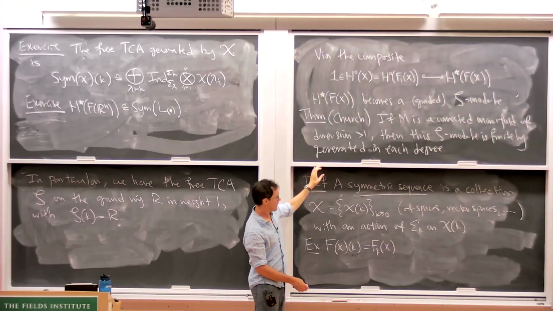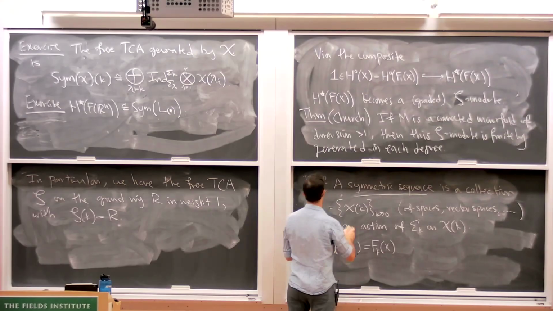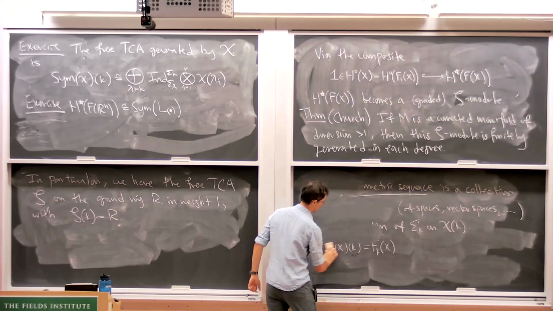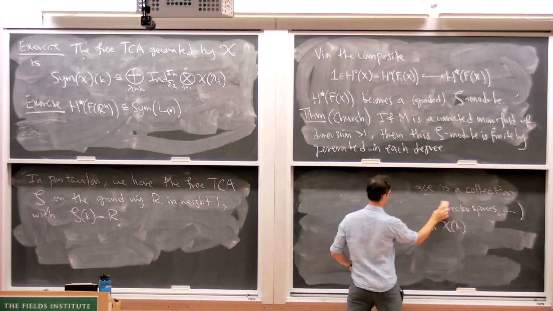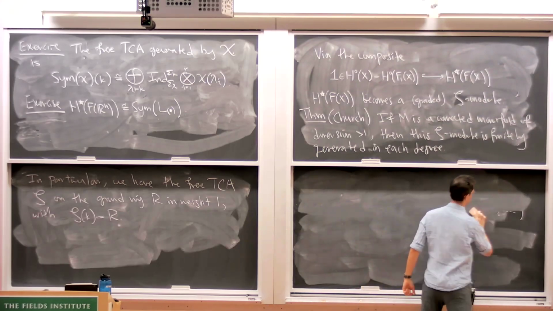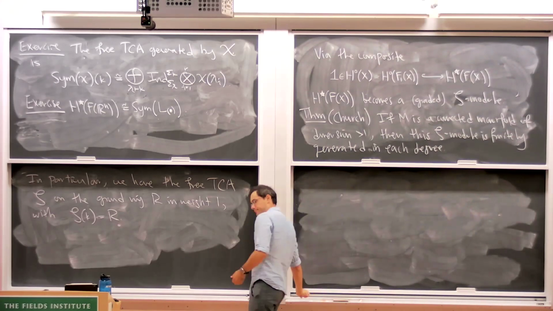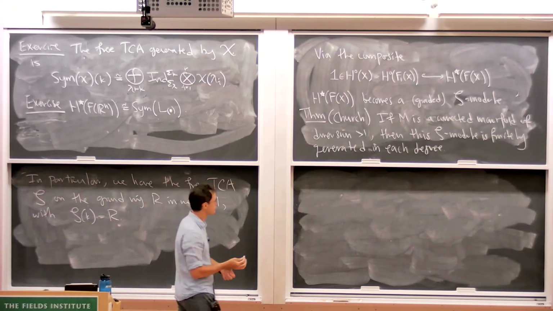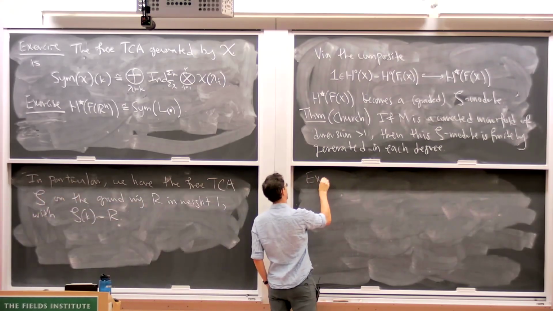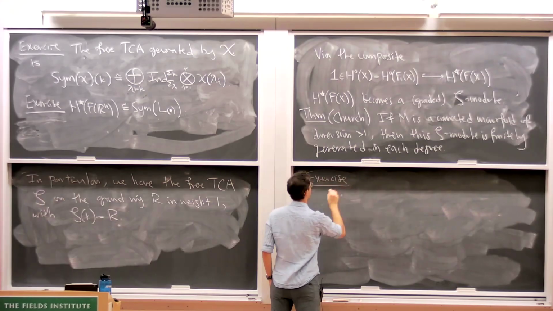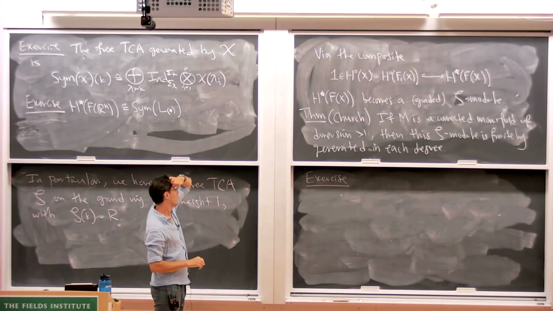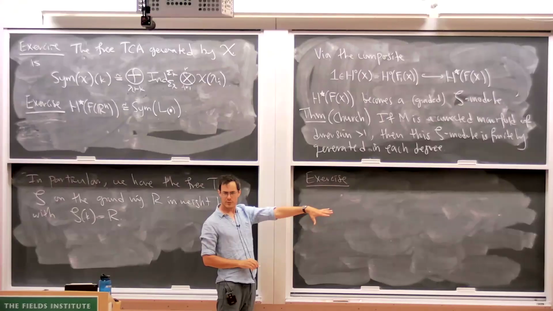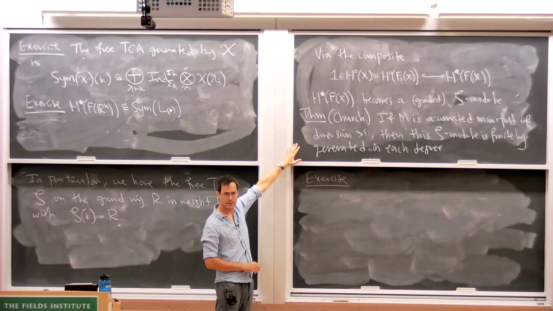One comment before we go farther, a comment in the form of an exercise. Like the other theorem, which was not phrased in the way that the authors phrased it, this is also not phrased in the way that the author phrased it.